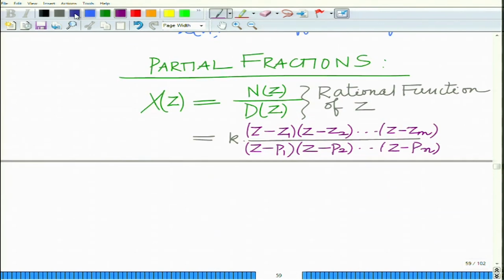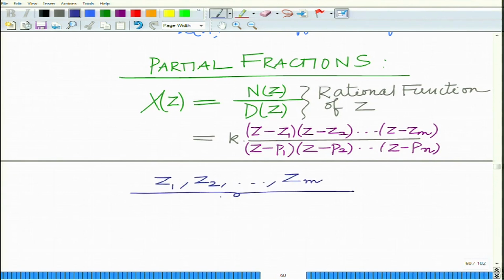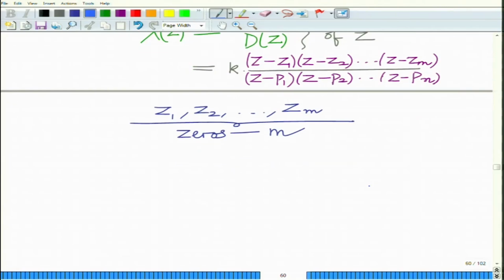Now, we know that z1, z2, up to zm are the zeros, that is, the roots of the numerator polynomial. You have m such zeros. Remember, we are assuming a rational function, that is, the z transform is given as a numerator polynomial divided by a denominator polynomial.